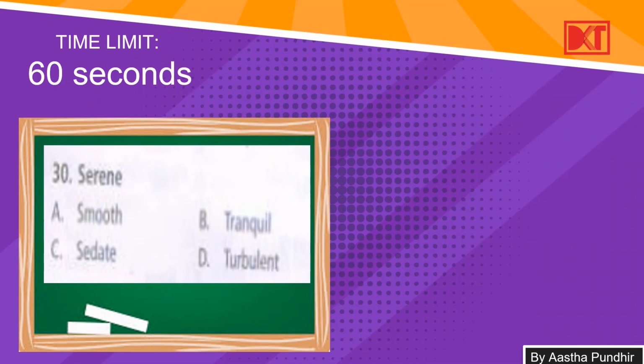Next word we have is serene. The options are A, smooth, B, tranquil, C, sedate, D, turbulent. Here the correct antonym is turbulent. Now serene refers to something that is calm, okay, very peaceful.